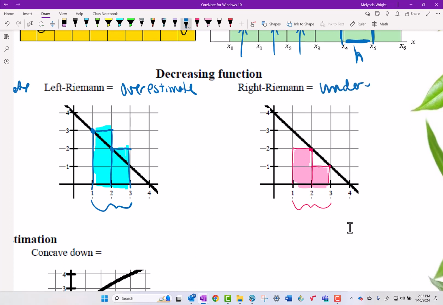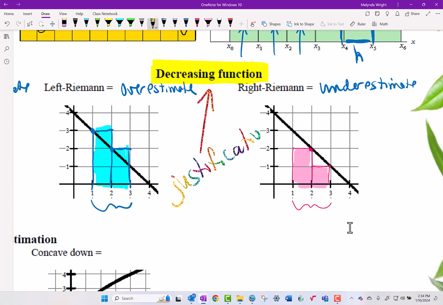And again, our justification would be all about it being a decreasing function and left or right, that's why. We would have to use that in our justification of why we're saying what we're saying.